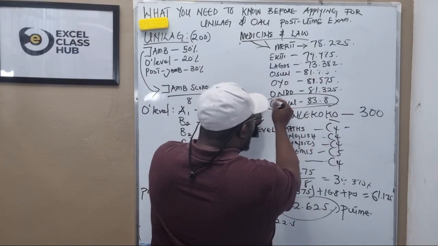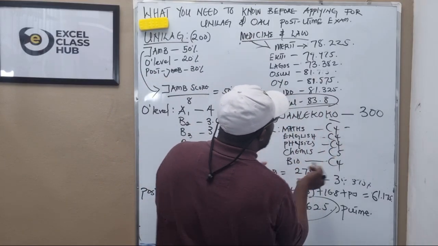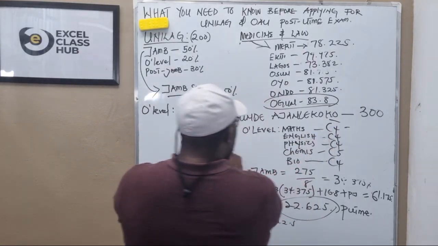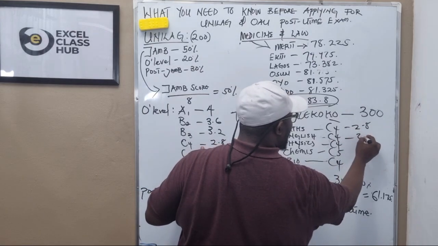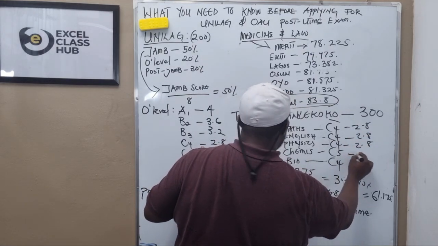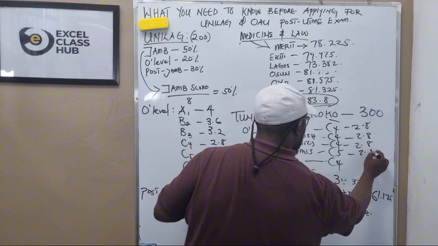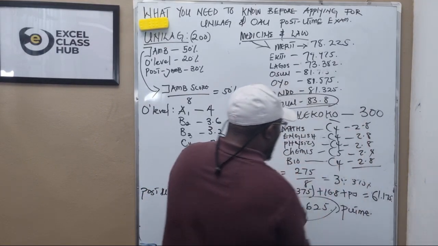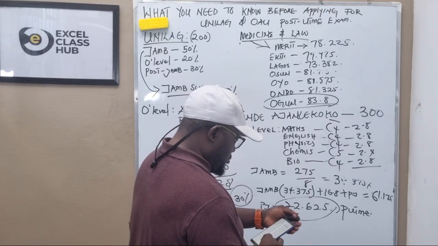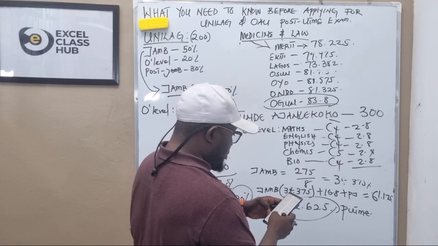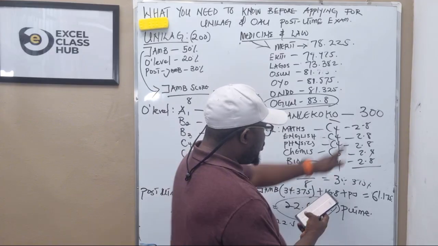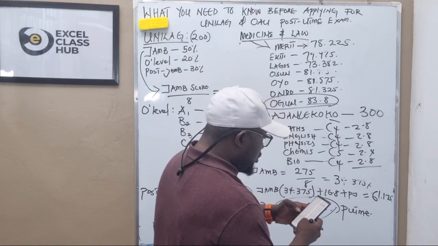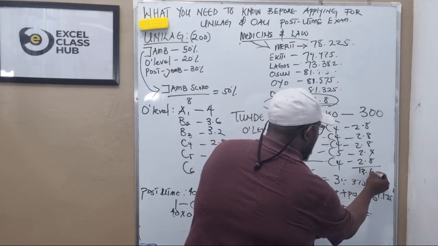Let's say you are from Ogun State, 83.8. C4 is 2.8, 2.8, 2.8, 2.8. C5 is 2.4, and C4 is still 2.8. So add up all this, we have 2.8 times 4, 11.2, plus 2.4. That will give us a total of 13.6.